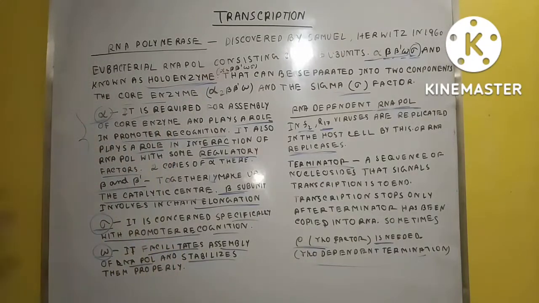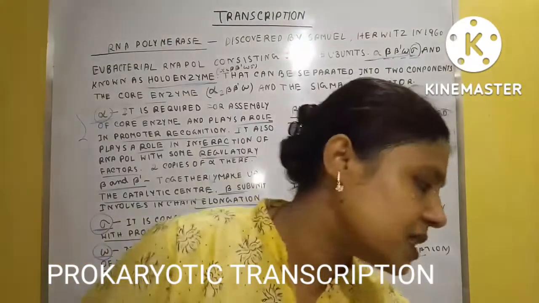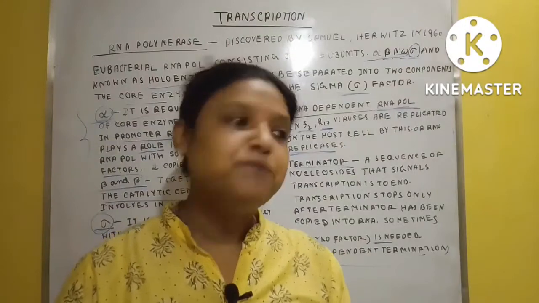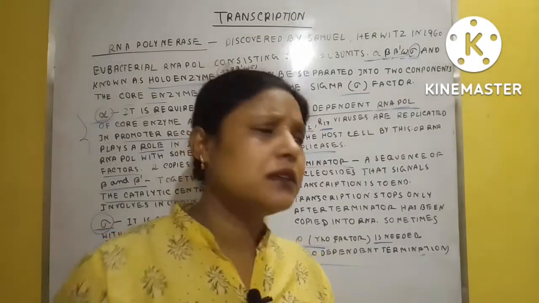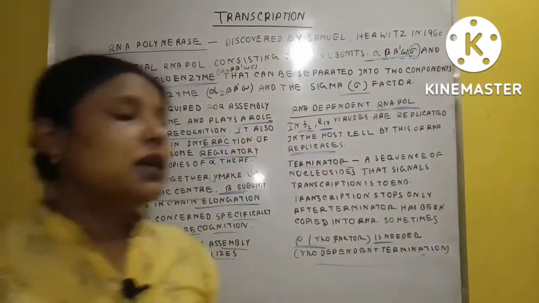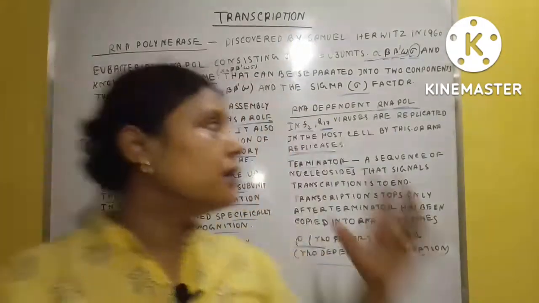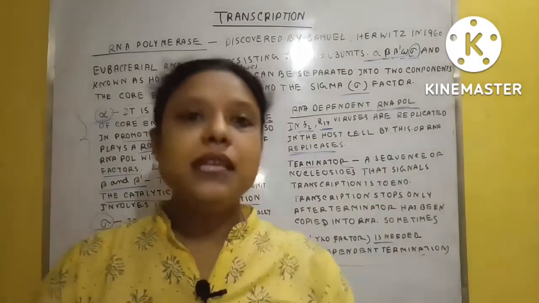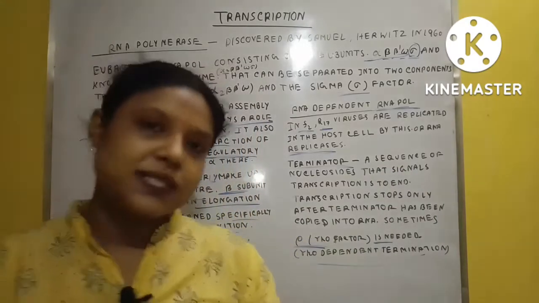Clear? These are the terms that are very important for understanding the transcription process. I have tried to explain each and every term properly, so you can first read and learn these terms, and then continue with the transcription process.